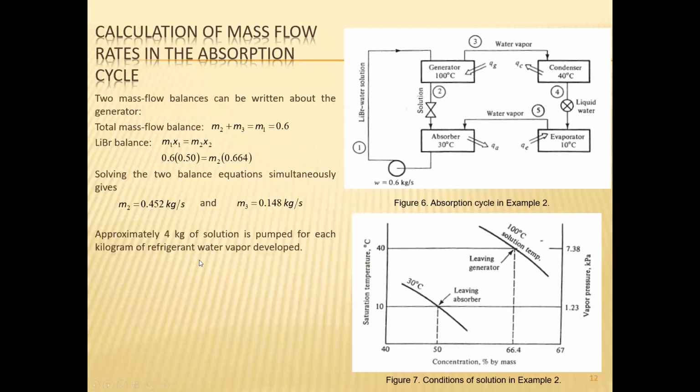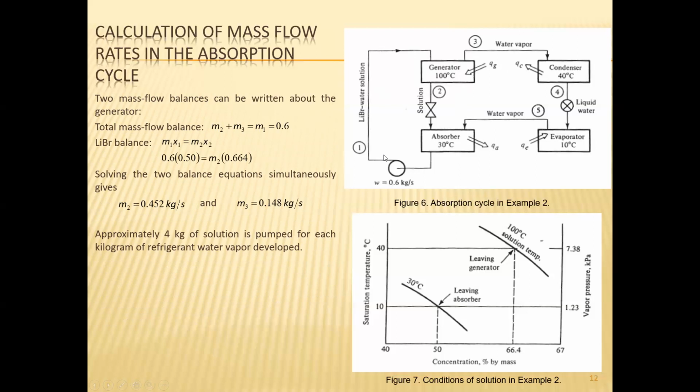Now the two mass flow balances can be written about the generator, which is total mass flow balance: M2 plus M3 is equal to M1. Di ba? So total siya.